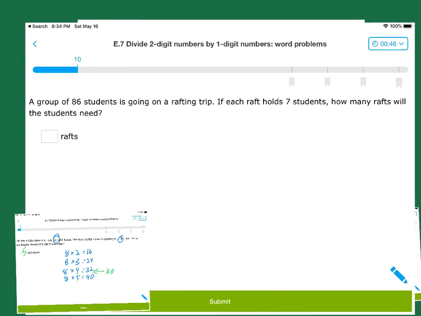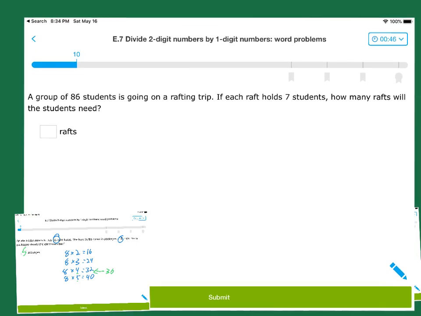One thing we could do is start drawing this out, and you could draw a raft and put 1, 2, 3, 4, 5, 6, 7 students in it. You could draw another raft and put 1, 2, 3, 4, 5, 6, 7 students in it. And now you'd have 14, and you could keep going up. It's just really inefficient and it'd take a long time.